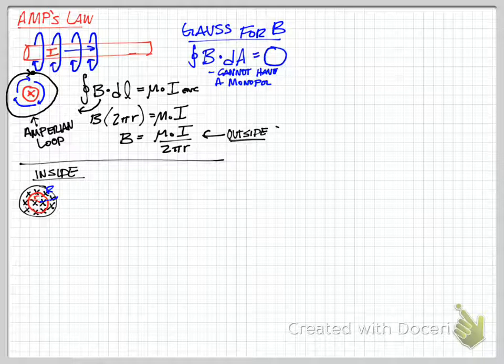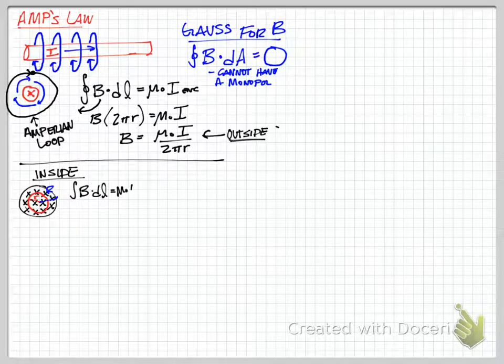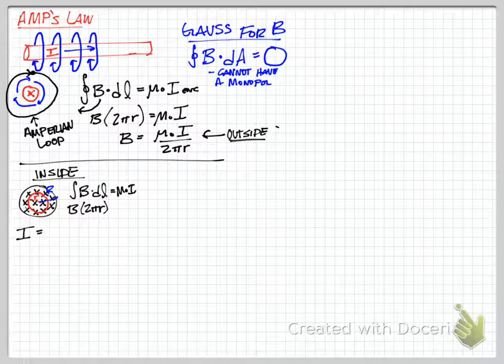So, Ampere's law looks the same. B dot dl is equal to mu 0 times I enclosed, and so the B dot dl part is still B times 2 pi little r, but we have to deal with I enclosed. Now, I enclosed is going to be the current density, we call it J, times the enclosed area by our little bit of r.